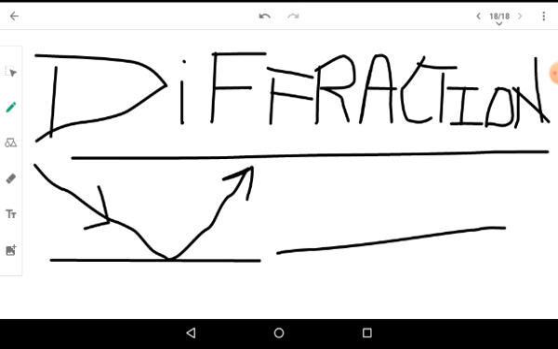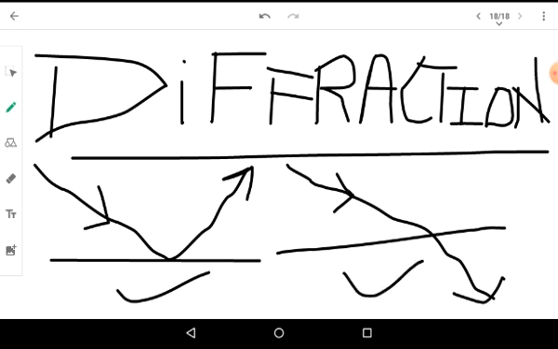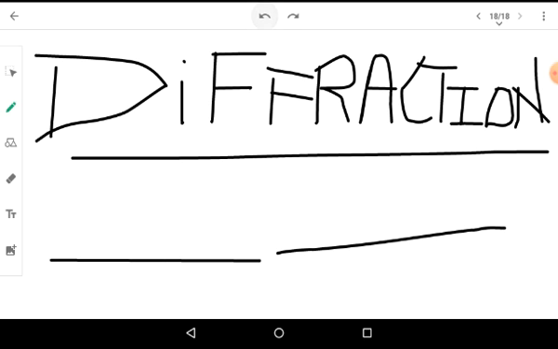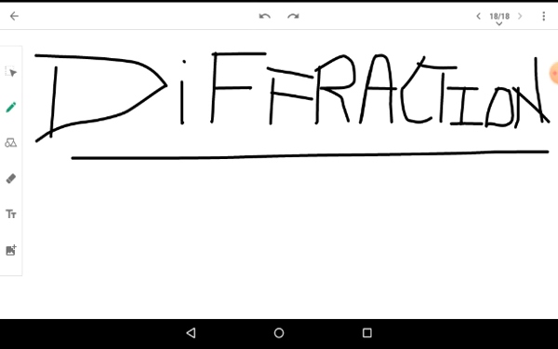This is reflection, and if this is some other medium, light actually bends. This is reflection and this is refraction. But now what we are going to study is diffraction, which is also a property of light.